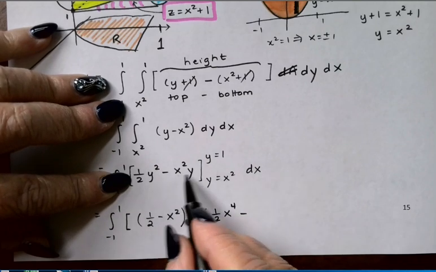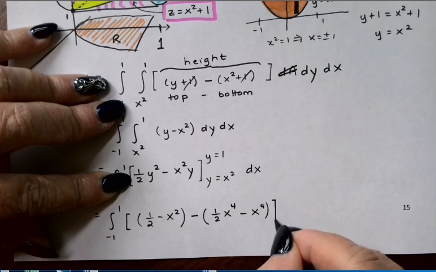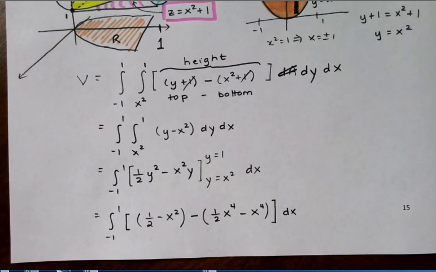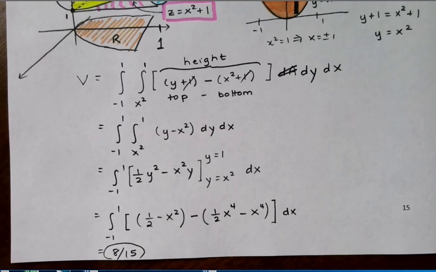Minus x squared times x squared is x to the 4th. And you can simplify that a little bit if you want to, but whether you do or whether you just plug it into your calculator right now, you should get the same answer. Let's see, when I did it, I got 8/15 for that volume.